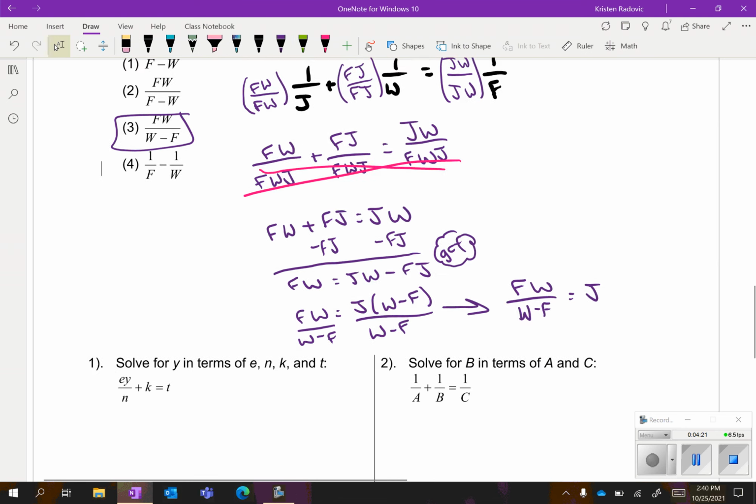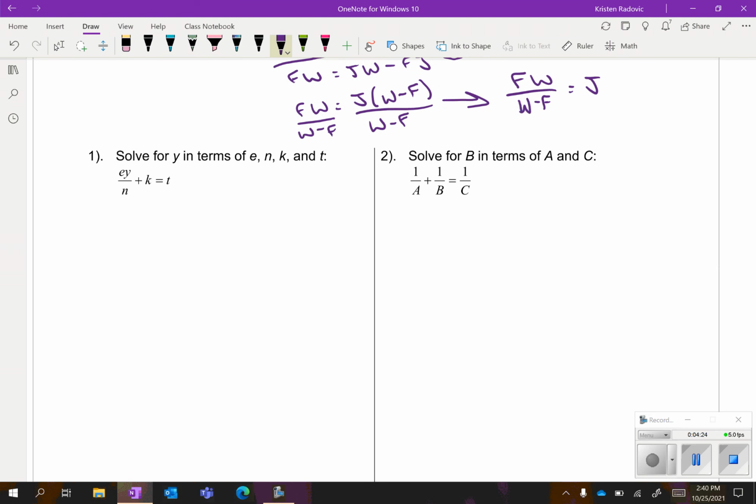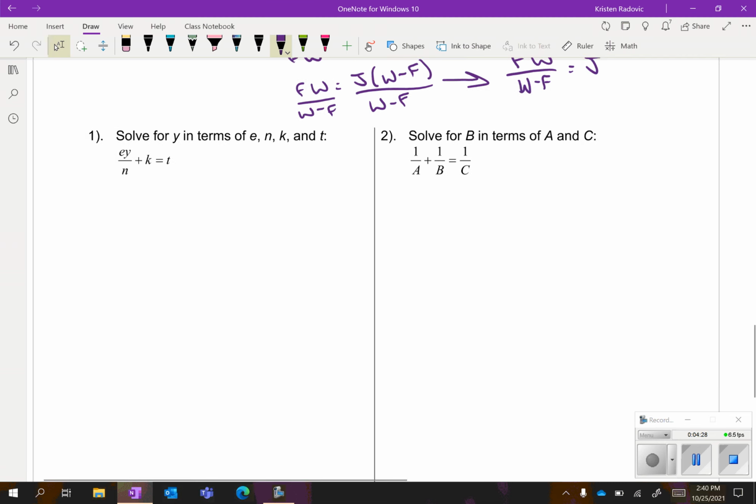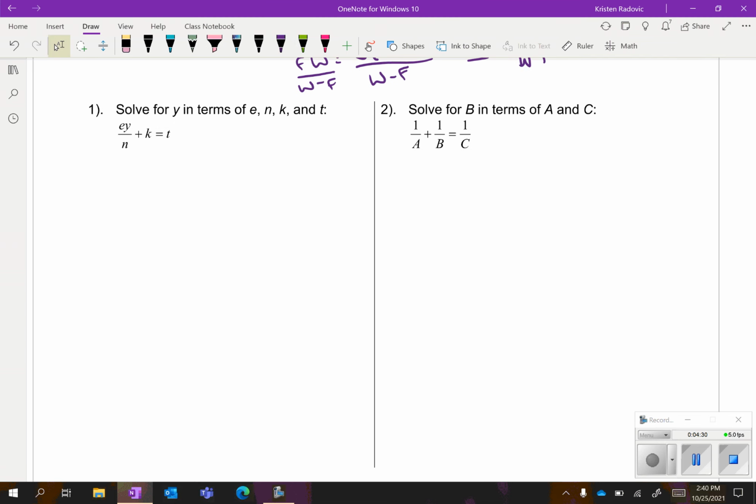Let's try 2 more. In example 1, they want you to solve for y in terms of E, N, K, and T. And in order to solve for y, we are trying to get y by itself. Now, you could write this as 3 fractions and multiply everything by what's missing.